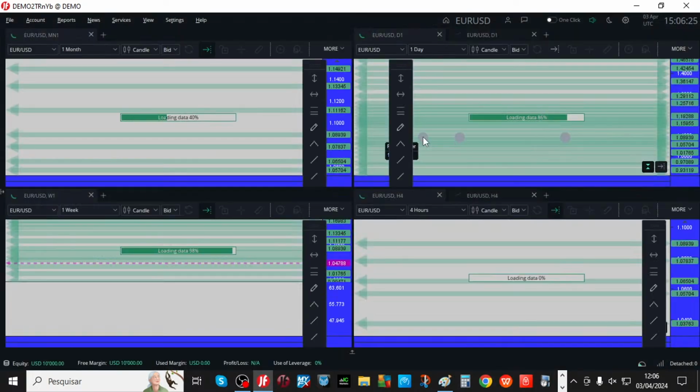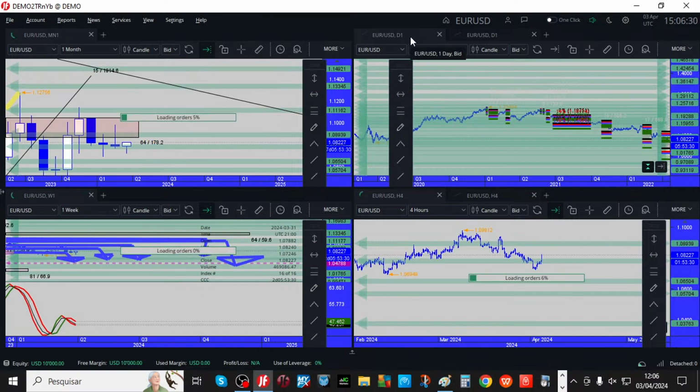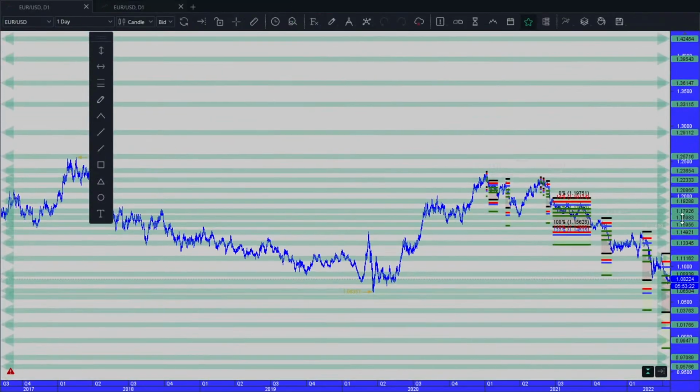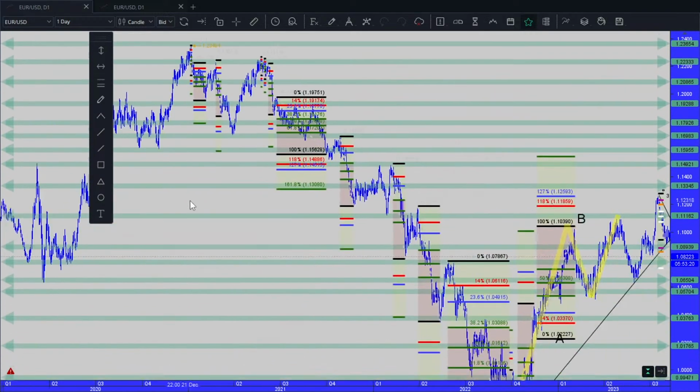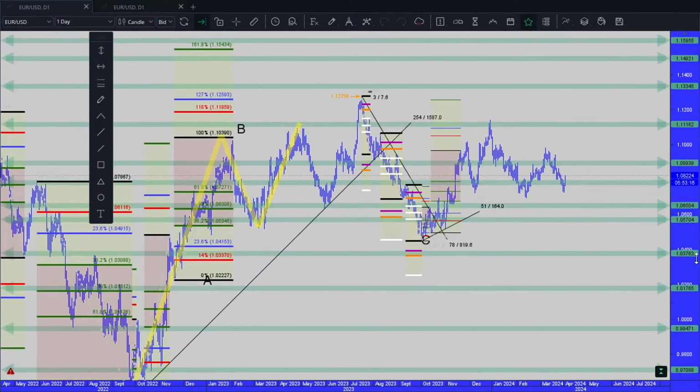Euro dollar daily chart, that's the system.